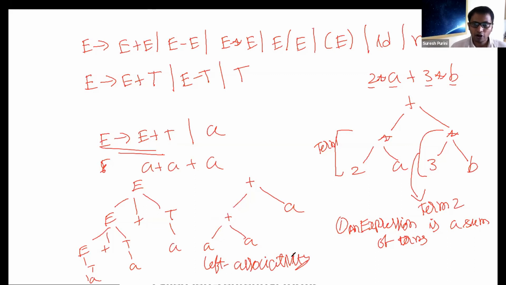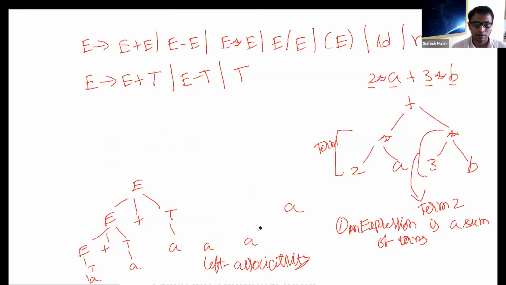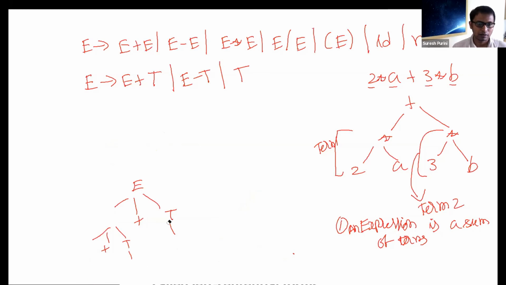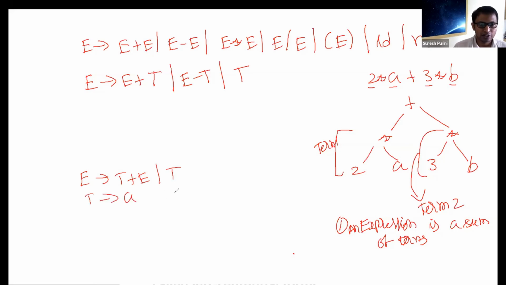But on the contrary, if you write something like this, E goes to T plus E, or T, and T goes to A, and then if the string W is A plus A plus A, the parse tree looks like this.